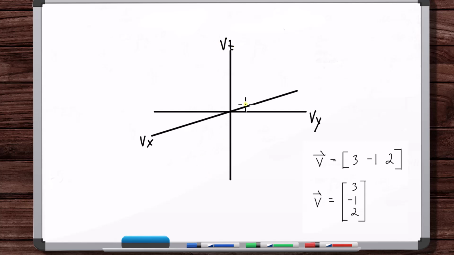Every tick mark that we move in this direction is going to be like 1 meter per second in the x direction, 2 meters per second in the x direction. Every tick mark here will be a certain meter per second, however we have it scaled in the y direction. Okay, and so let's put some tick marks here.